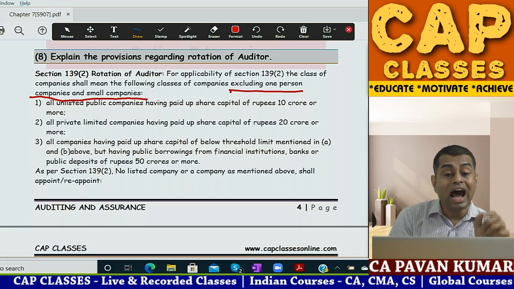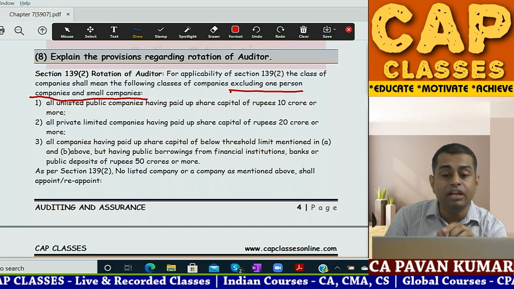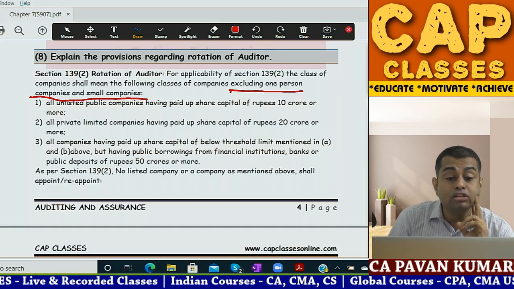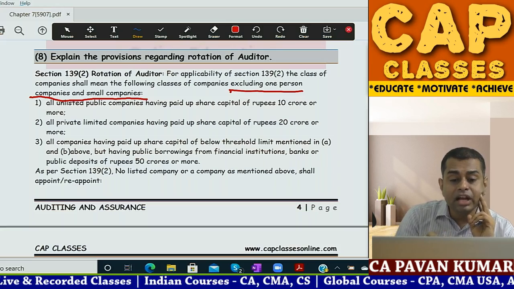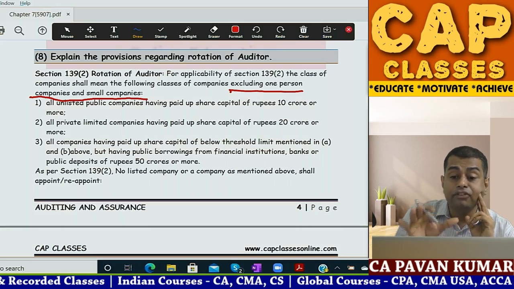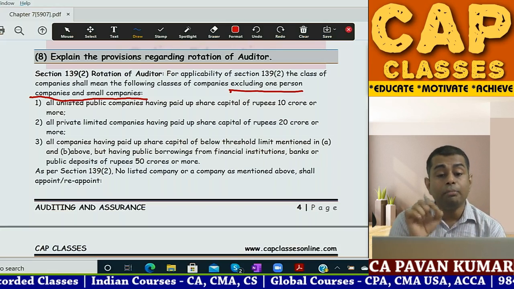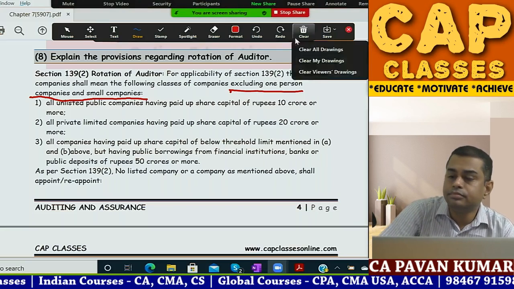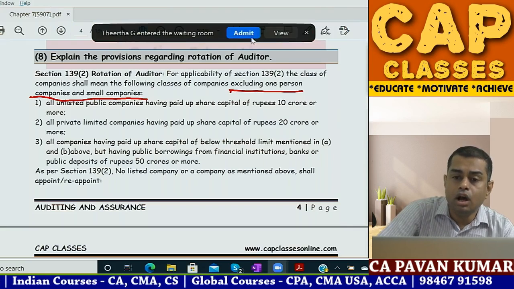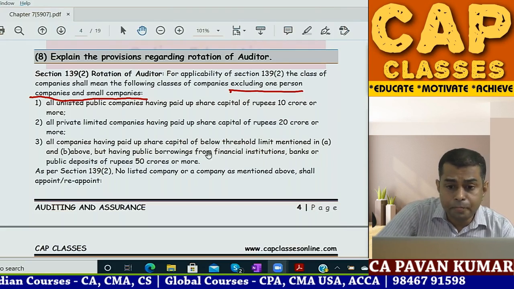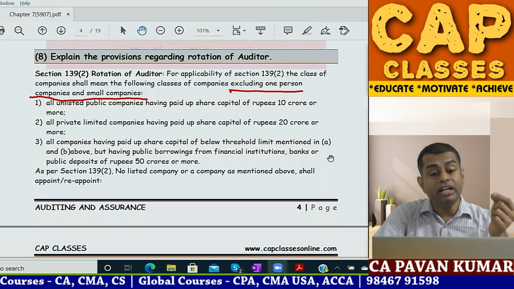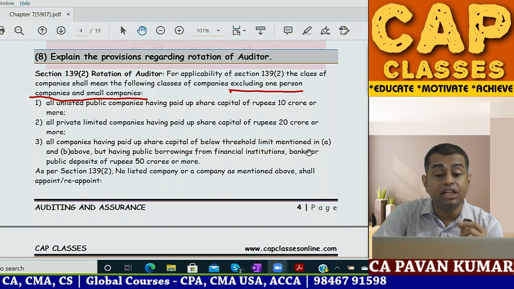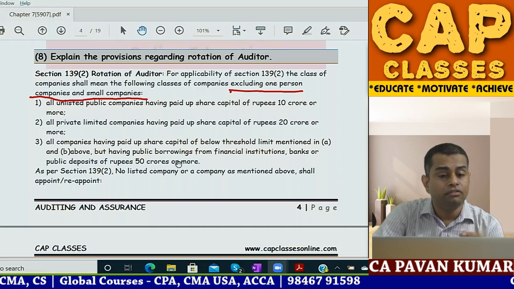So all unlisted public companies having paid up capital of 10 crores or more, private limited companies having paid up capital of 20 crores or more, all companies having paid up share capital below the threshold limit in A and B, but having public borrowings from financial institutions and banks of more than 50 crores.